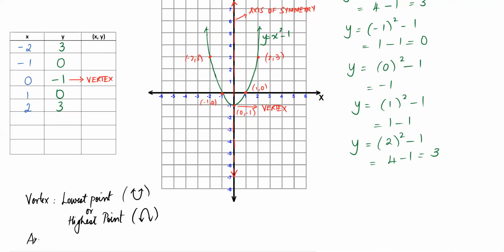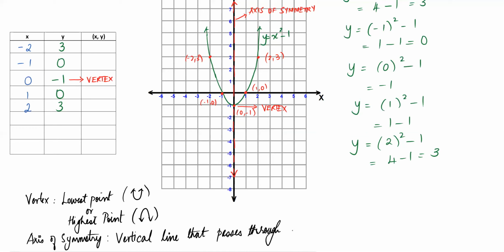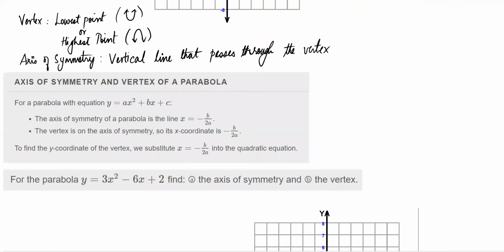And then the axis of symmetry is the line, or I should say vertical line, let's make it a vertical line there. I'm just putting it in my own words so that it's easy for us to understand. I do have a definition coming up. This is the vertical line that passes through the vertex. Now, very clearly, the axis of symmetry helps you to see the symmetry in the parabola. And that's what's coming up here.